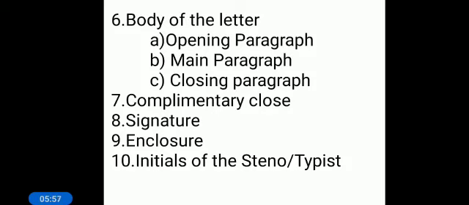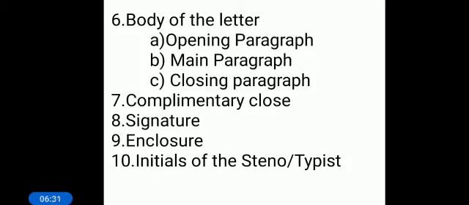In most of the cases, along with the letter, you have to send certain documents or letters. So these kind of letters or documents are called enclosures. Okay, suppose you are applying for a job. So you have to send a resume to the HR manager.